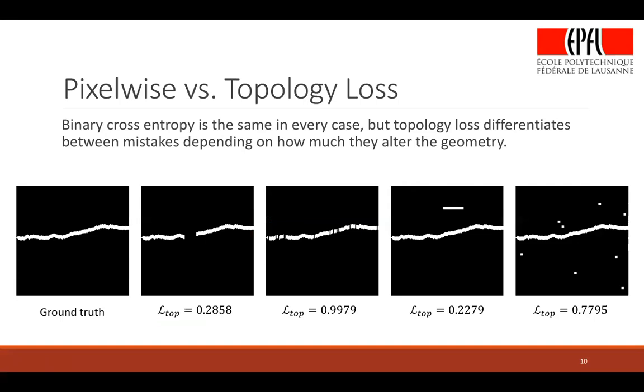And this is because in the cases where we have a lot of cuts or a lot of noise in the background, the structure of the prediction differs more. So the binary cross-entropy cannot differentiate between those cases, but topology loss is indeed higher for the cases where we have more topology changes.